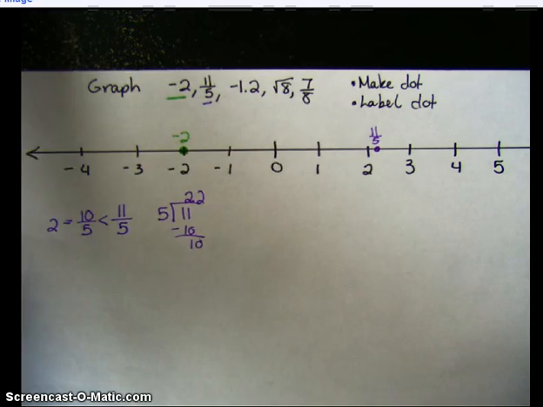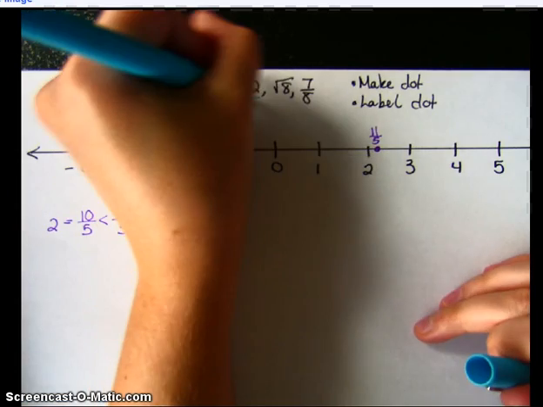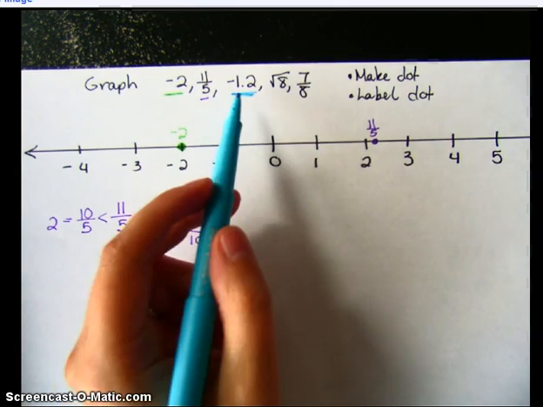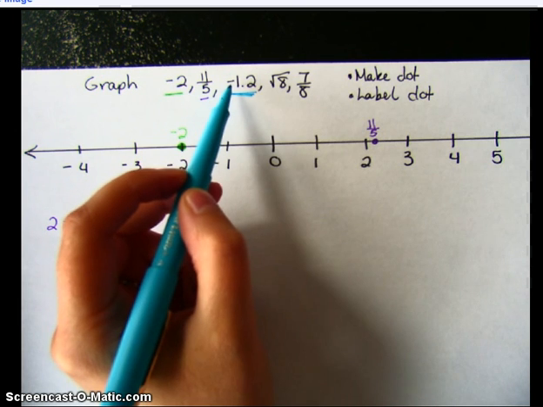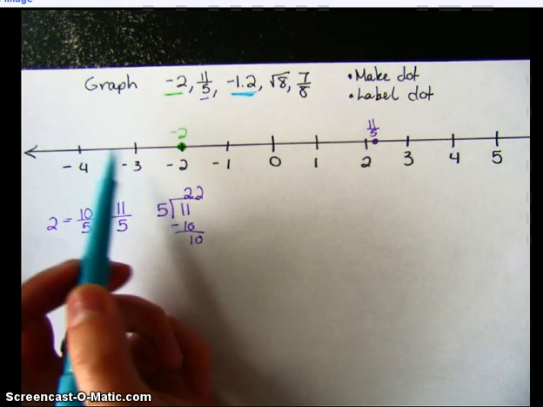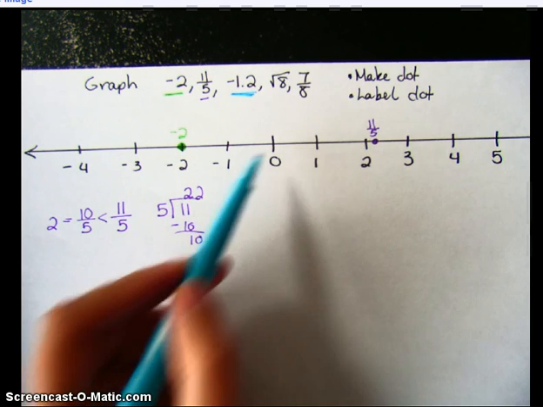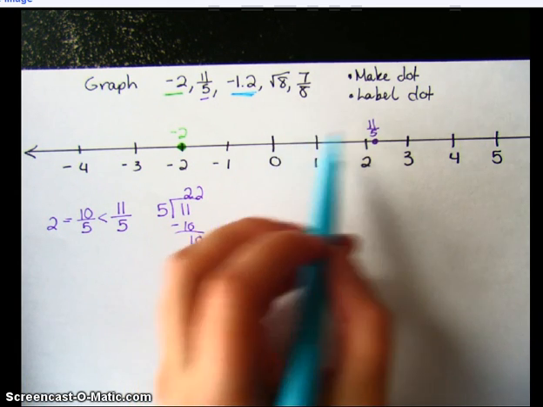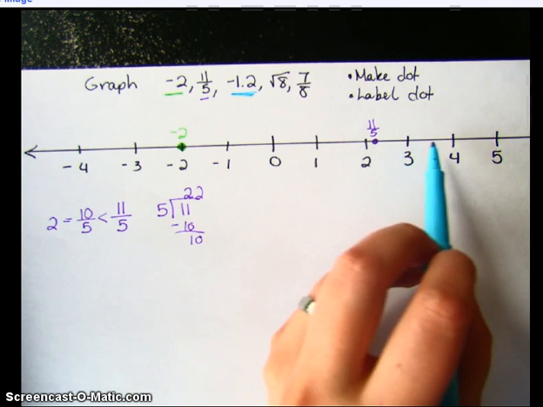All right, now let's look at -1.2. This one's nice because we know -1.2 is going to be somewhere around -1. It's close to -1. But we have to think, is it going to be on the left or on the right? When we look at the number line, this is going greater: 0, 1, 2, 3, 4.